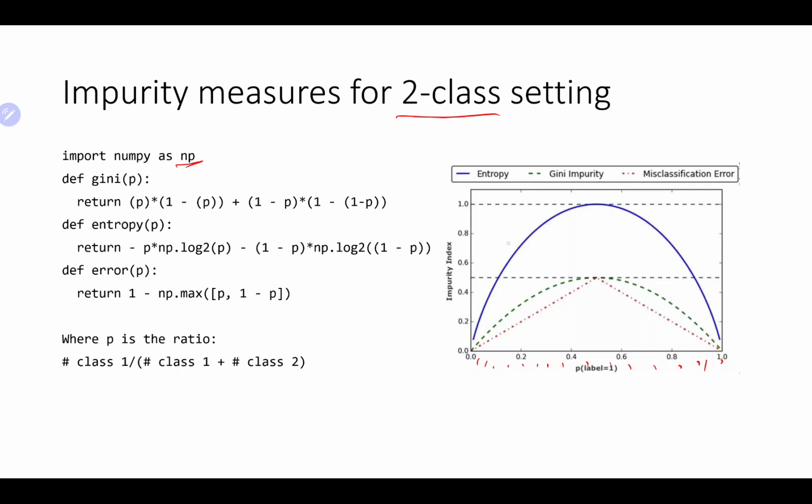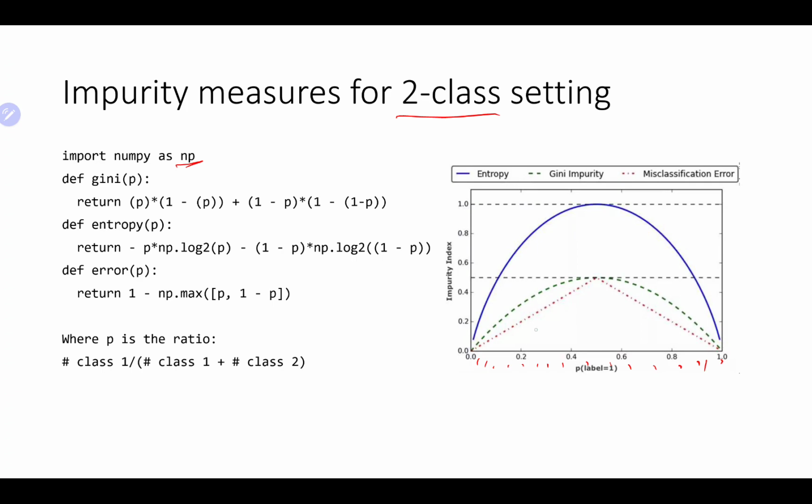And you see the blue line is entropy, the green line is Gini, and in terms of shape they are similar, right? Their height is different, but that's it. So that's why either using Gini or entropy will mostly give you the same solution for the decision trees.